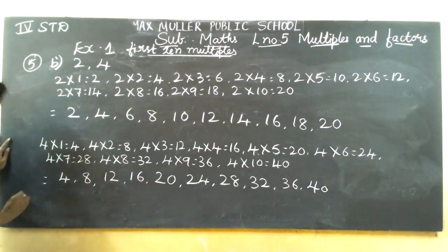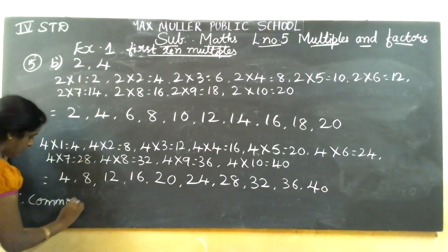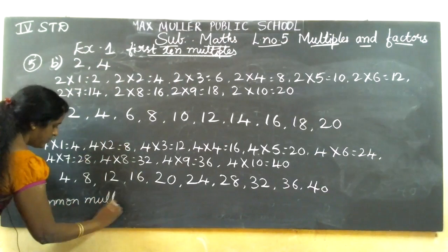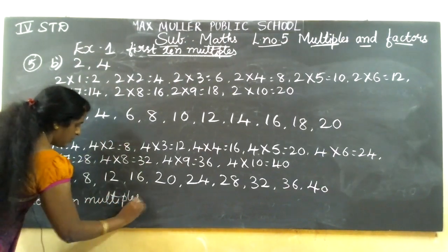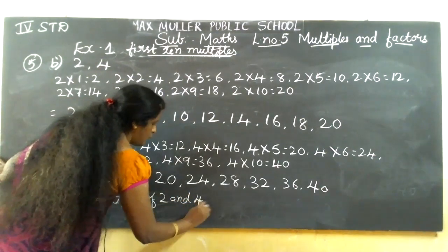So what are the common multiples of 2 and 4?